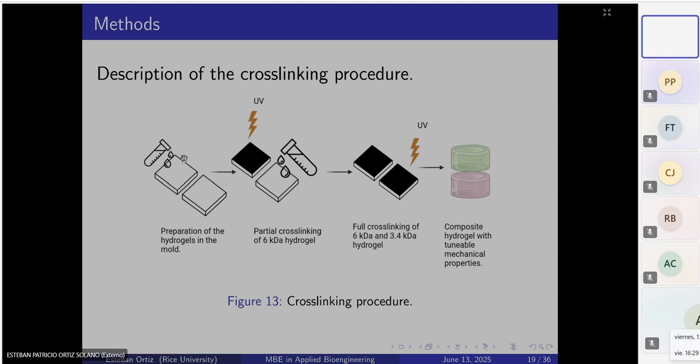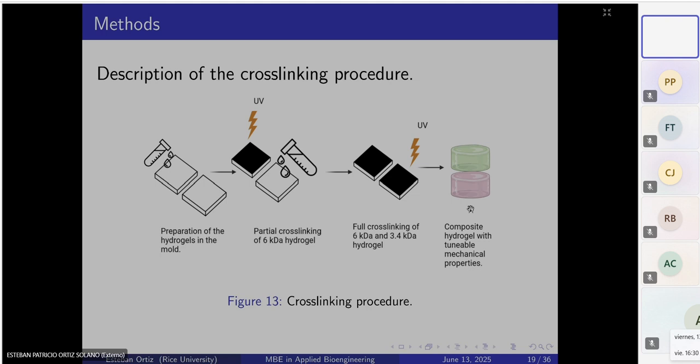So what I was doing exactly with the molds that I mentioned before is put the composition on one side of the mold, apply a specific amount of UV light flashes, and after that put the composition on the other side, and apply another amount of UV light flashes.